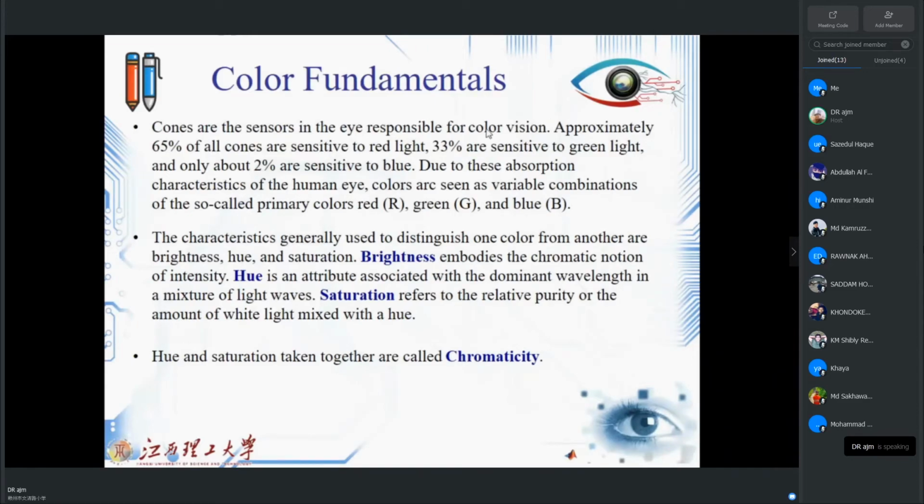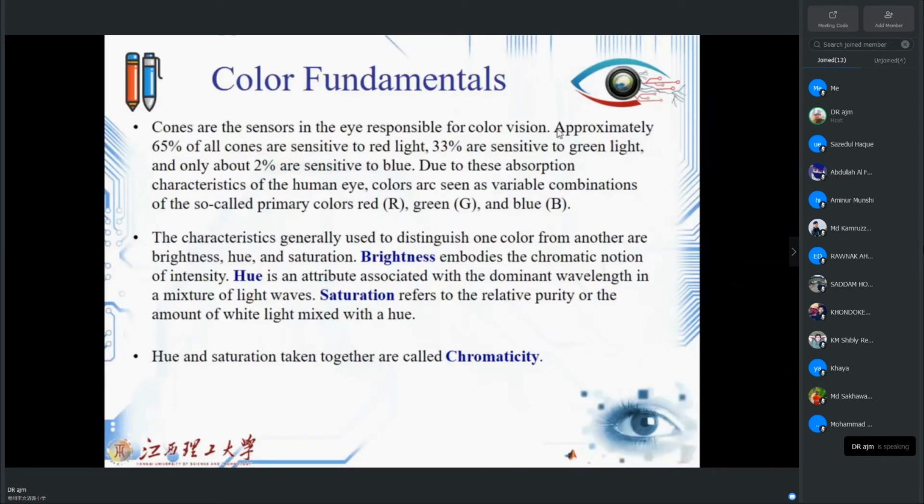Those are the sensors in the eyes responsible for color vision. Approximately 65% of all cones are sensitive to red light, 33% are sensitive to green light, and just 2% are sensitive to blue. Something may come to your mind about why we have this definition. Maybe you heard before about RGB, or three main colors, which we call red, green, and blue.